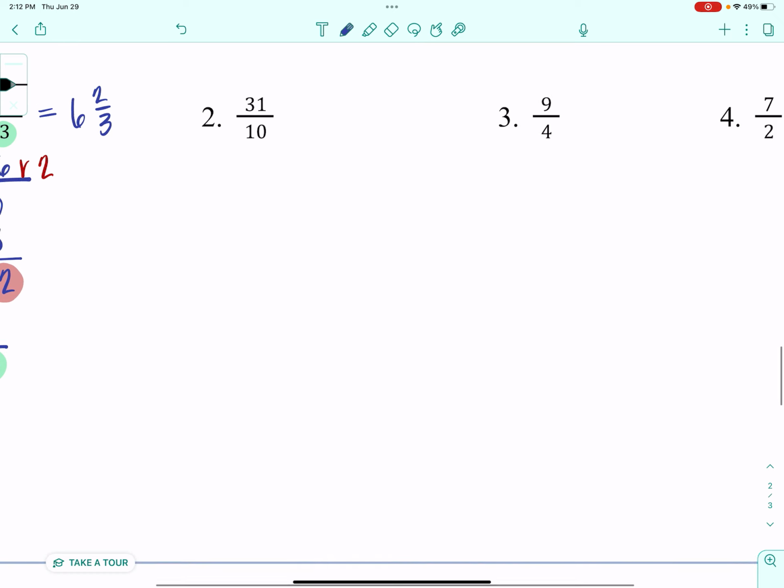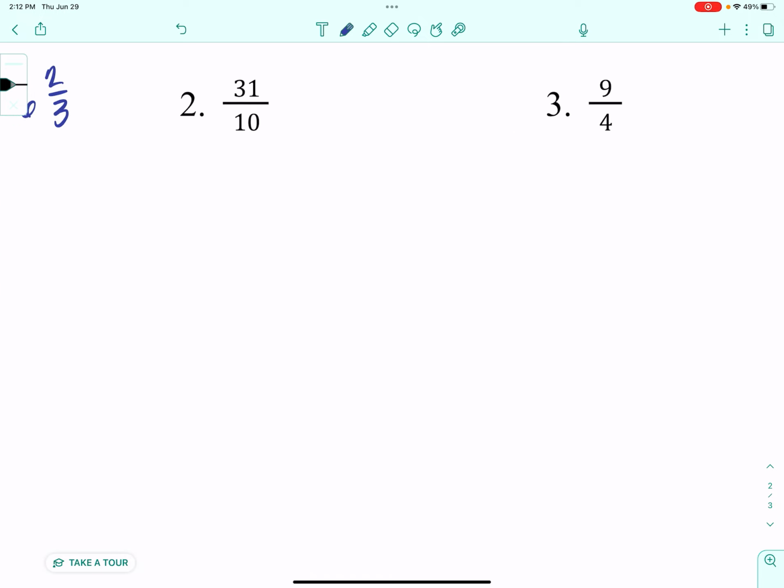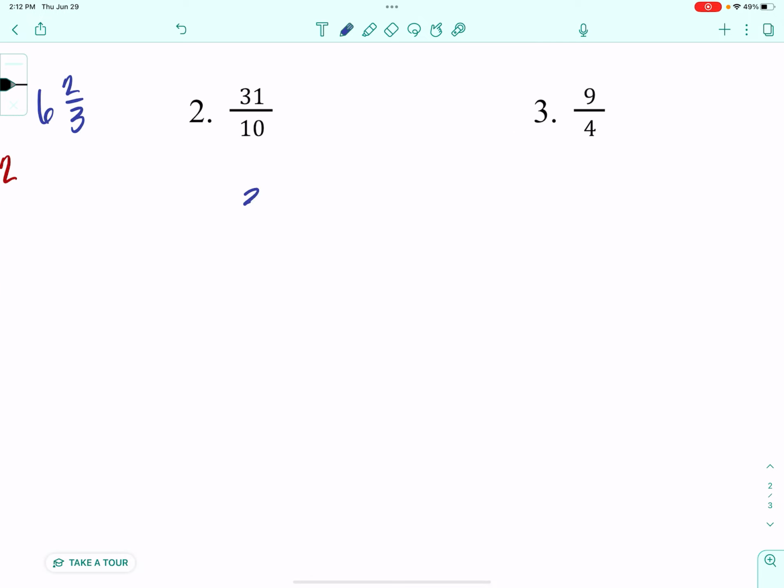So practice it again on number 2. 2 says 31/10. This is the same as 31 divided by 10. Well, I know that 3 times 10 is 30. When I do 31 minus 30, I get a remainder of 1. So I write down the whole number answer.